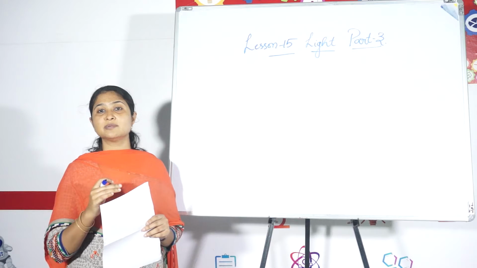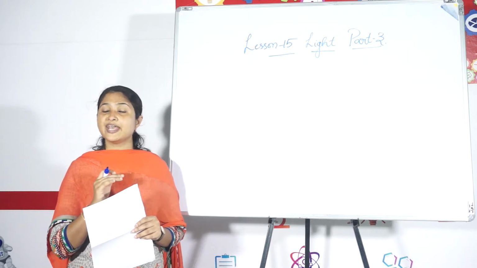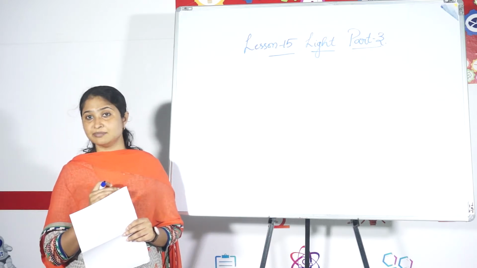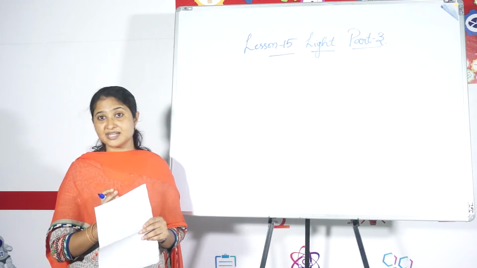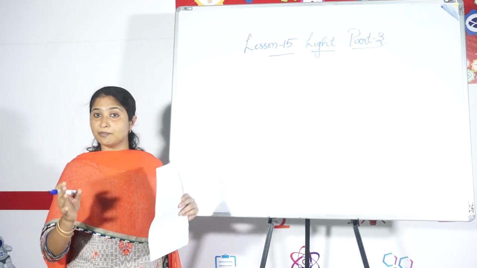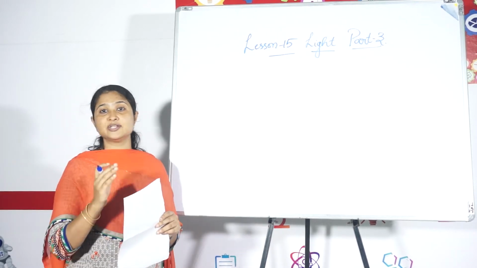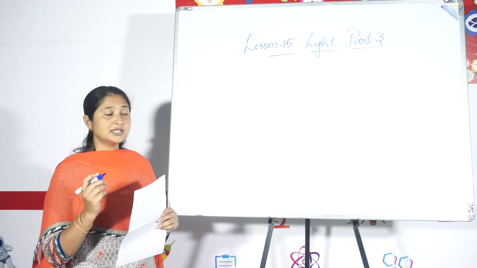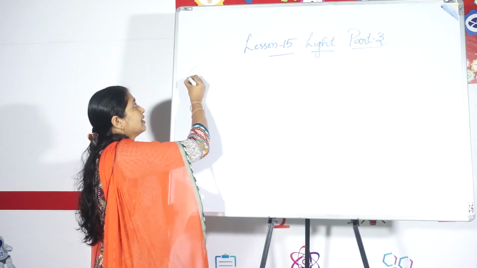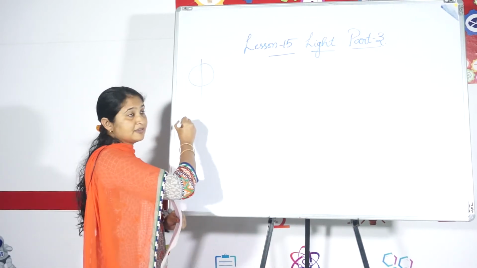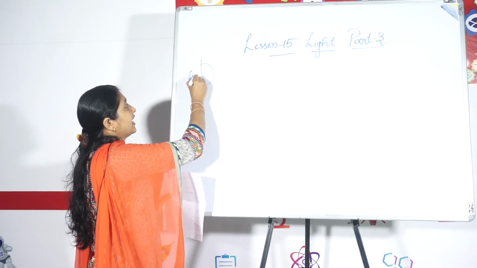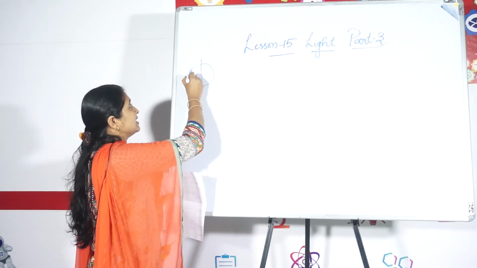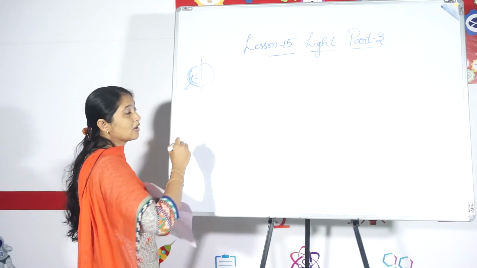Next we studied about the concave and convex mirrors. I told you these are spherical mirrors. If you take a ball and cut it into half, this inner portion is concave and this bulged outer portion is convex.